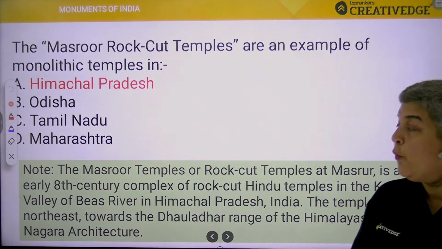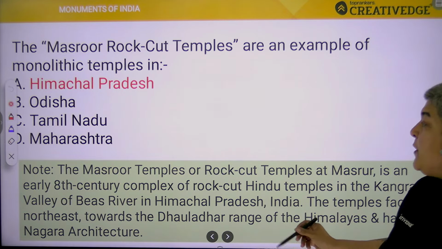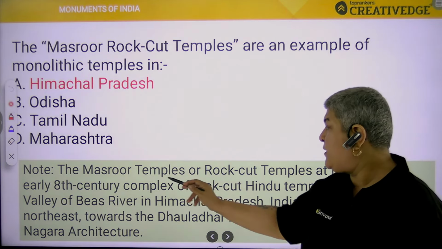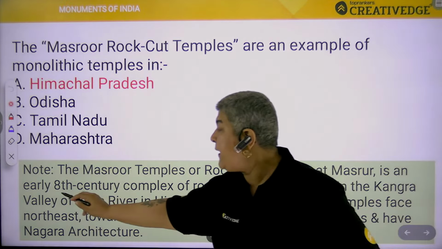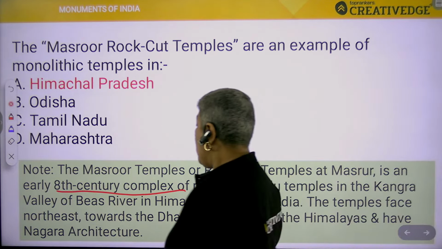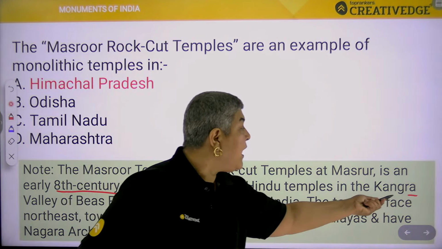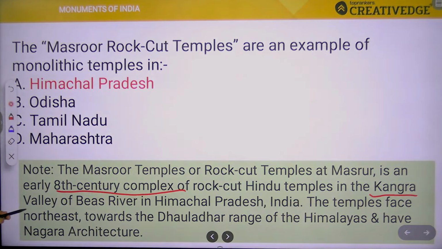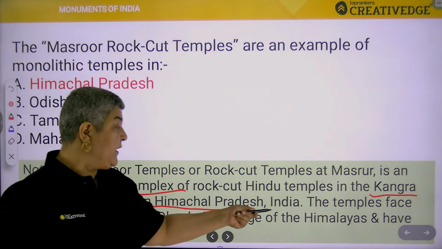Okay, moving on, there is some more information given here. The Masroor temples or rock cut temples at Masroor is an early 8th century complex of rock cut Hindu temples in the Kangra Valley of Beas River in Himachal Pradesh, India.